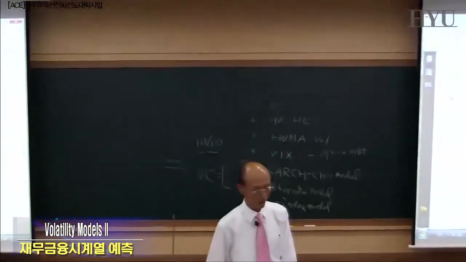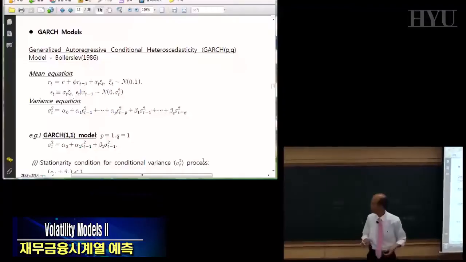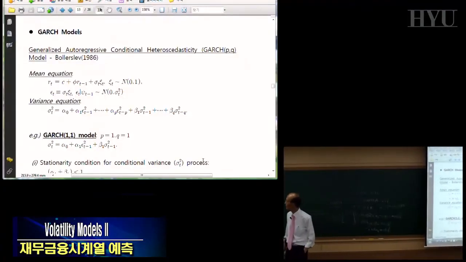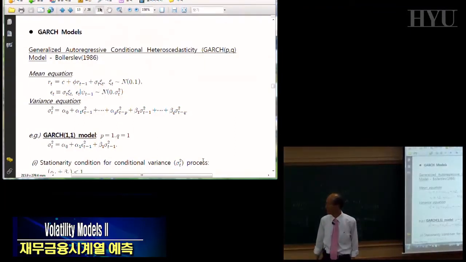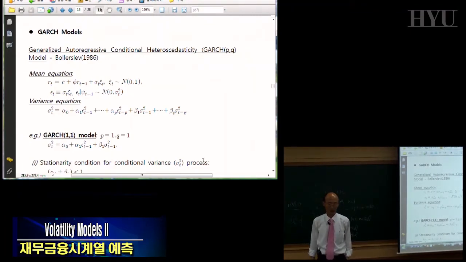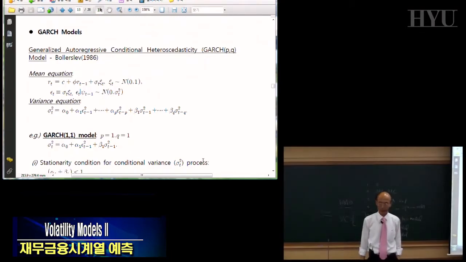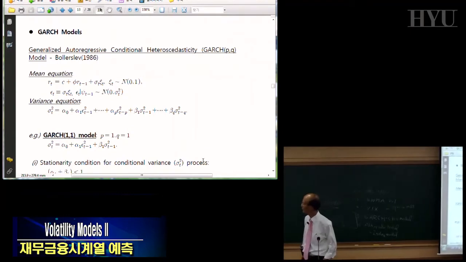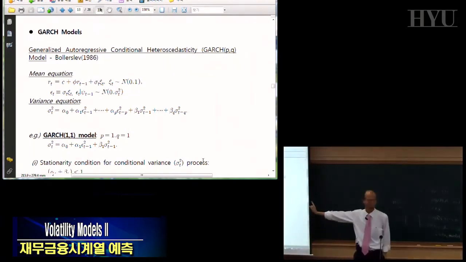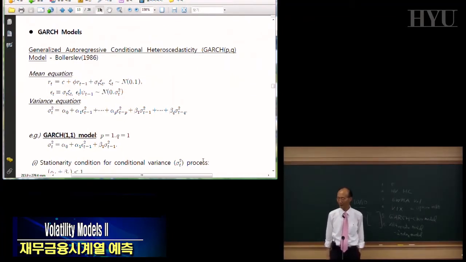So how does it look? Well, Bollerslev is about my age. Actually, when I was an assistant professor at the University of Alabama in 1990, Bollerslev visited my department to give a lecture, and I learned that he has 3 kids, and I have 3 kids too.